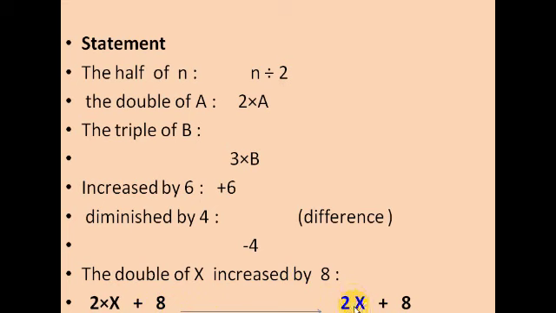When we say 2x, it means 2 times x. So we can delete the multiplication sign, because when we see 2x directly, it means 2 times x. It's the same.